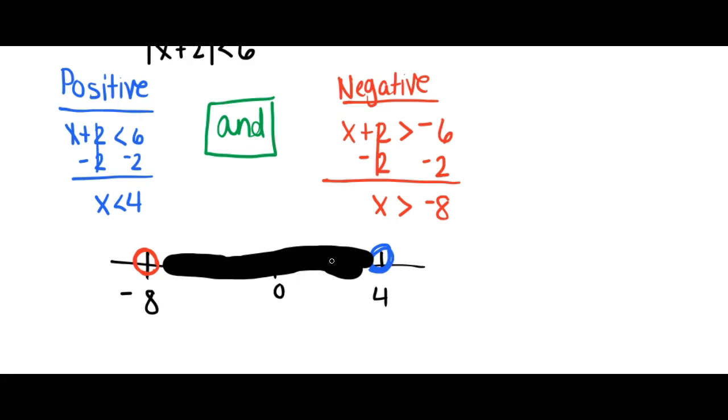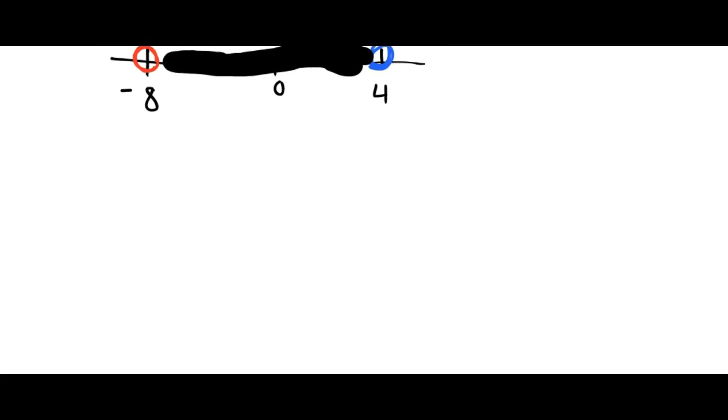It's the same thing. So if we were multiplying and dividing, do you guys want to see a multiplying and dividing? Okay, let's do that. So let's say we have 2 times the quantity x minus 3, the absolute value of x minus 3 is less than or equal to 10.